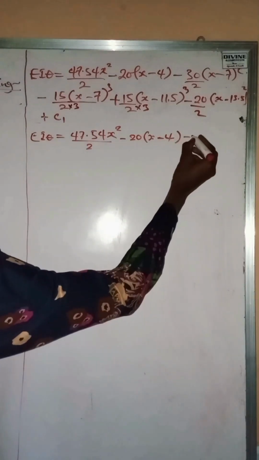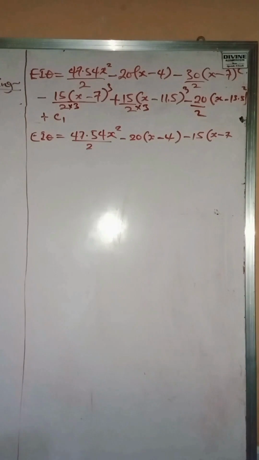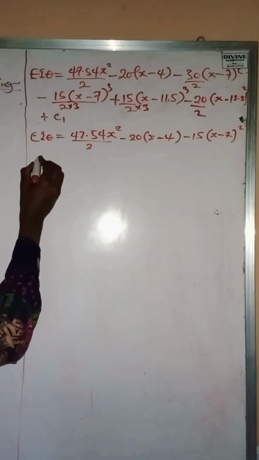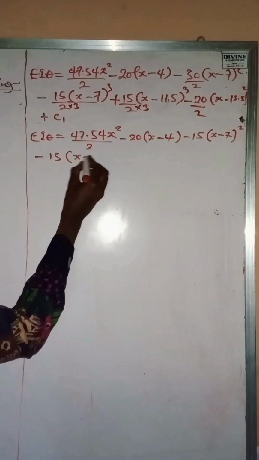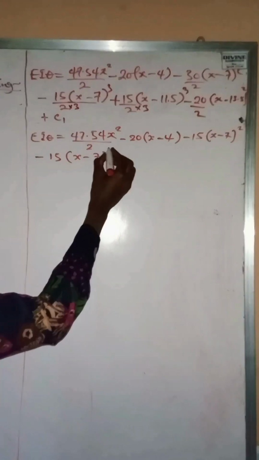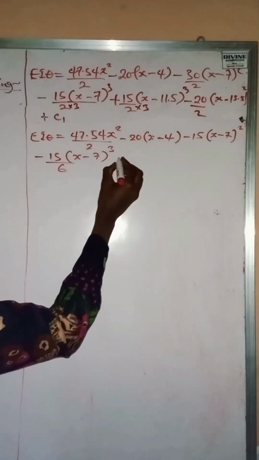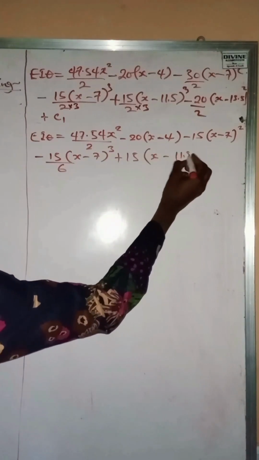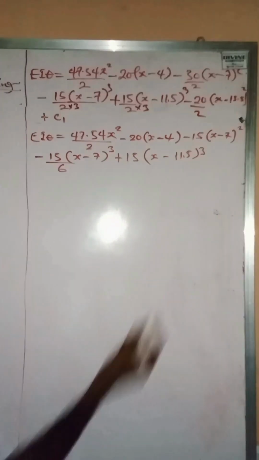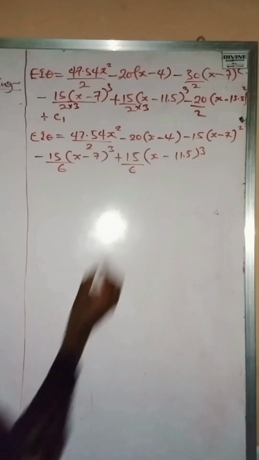Then minus 15 bracket x minus 7 raised to power 3 divided by 6, plus 15 bracket x minus 11.5 raised to power 3 divided by 6.